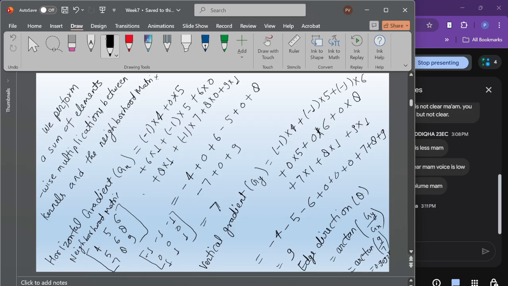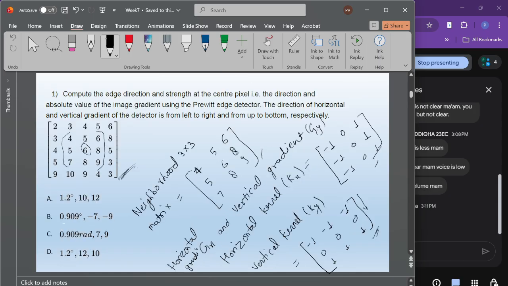Okay, just calculate these values. Already I have calculated. So the theta you will get 0.9097 radian. So now if you go through the options, you find 0.9097 radian. So option C is the correct answer for this question.